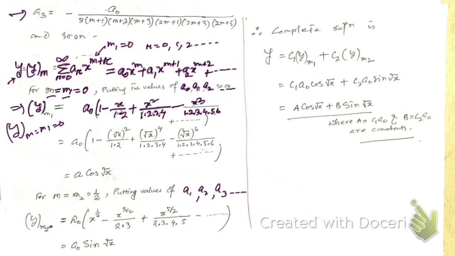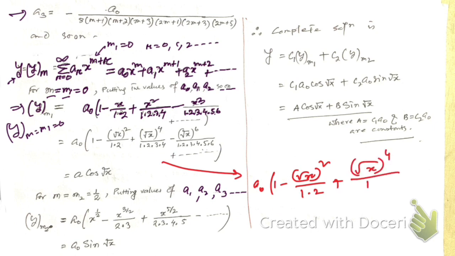Here you can see what we have got, a0 times 1 minus root x whole square by 1 into 2, plus root x whole to the power 4 by 1 into 2 into 3 into 4, then minus root x whole to the power 6 by 1 into 2 into 3 into 4 into 5 into 6, and so on, right?